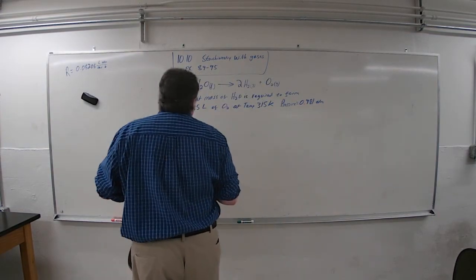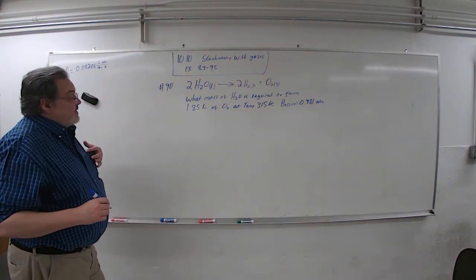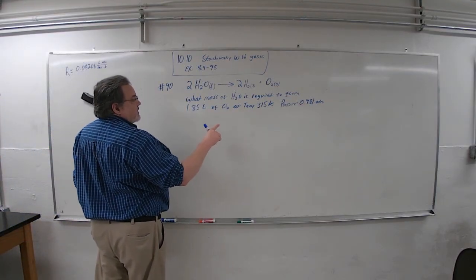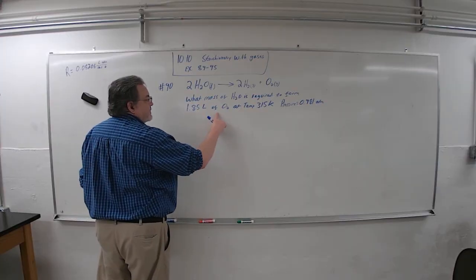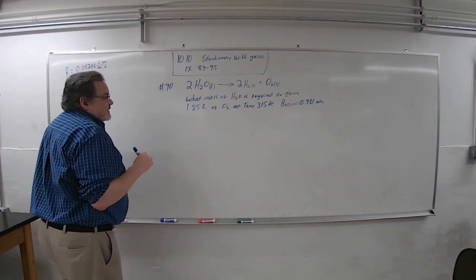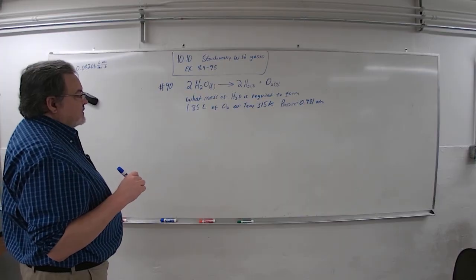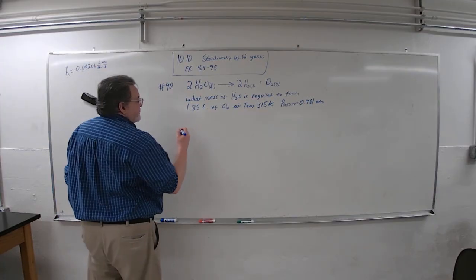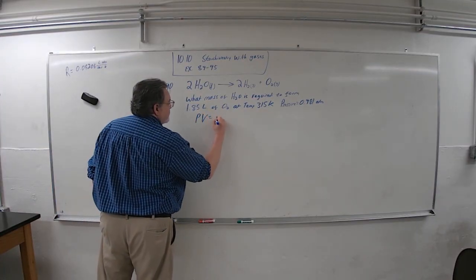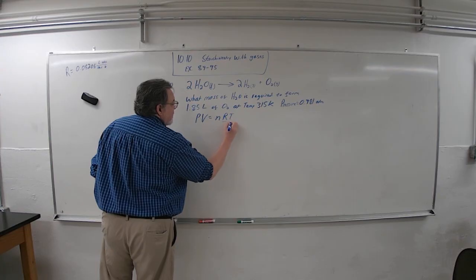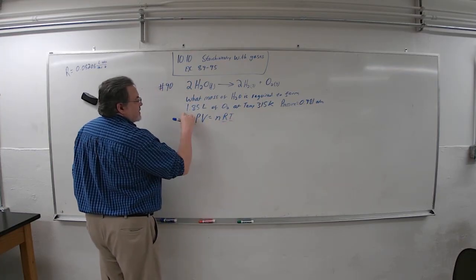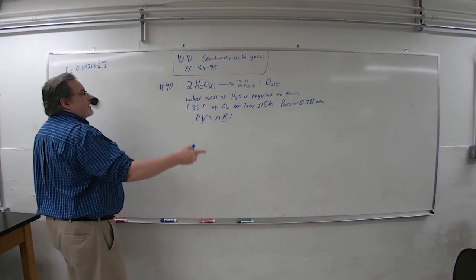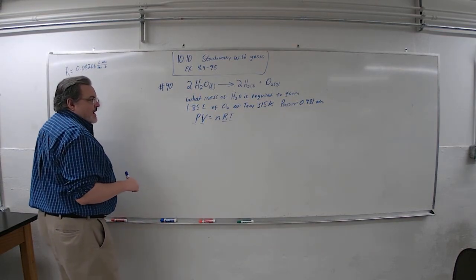Okay, so this is the question. What mass of H2O is required? So what we'll do here is first figure out the moles of gas. We have R, we have T, we have pressure, and we're given a volume. We're going to find moles of O2, and then work backwards to figure out what mass of H2O is needed.